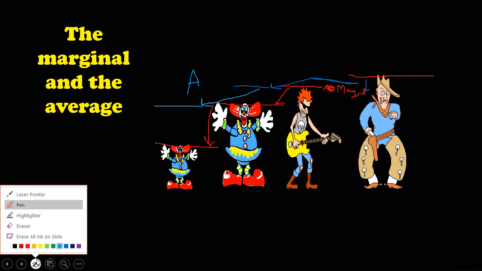Is that good? Do we get that? It's one of those things you got to think about. The marginal is what's setting the direction and this change. The average is following the marginal around. Okay?